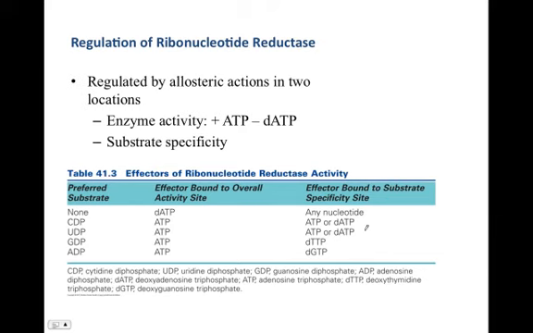Let's look at an example. In this case, if ATP or deoxy-ATP is bound to the substrate specificity site, UDP is the preferred substrate for the enzyme. We can tell the enzyme is active in this example because ATP, listed here, is bound in the activity site.